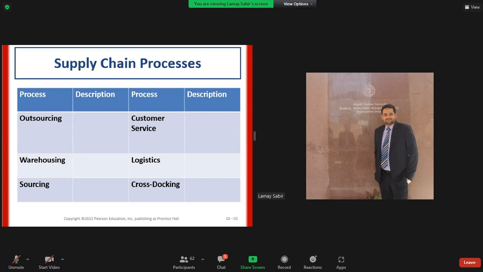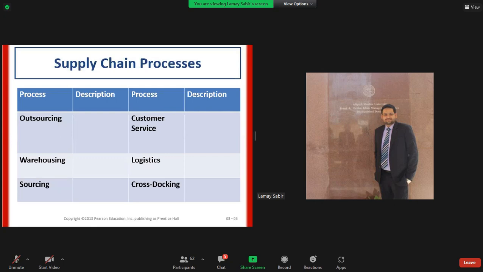If you want checks to be delivered to you, they only go and tell the outsourcing firm that these checks need to be delivered to a particular customer, and that is provided by that firm to the particular bank. So this is a process of outsourcing.